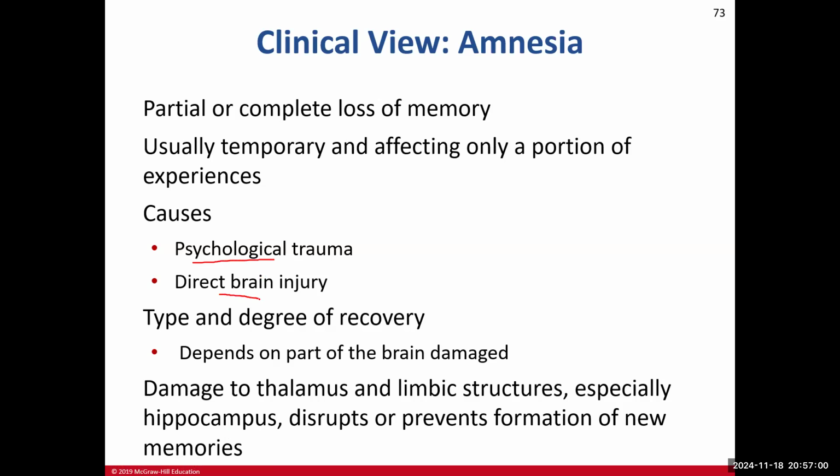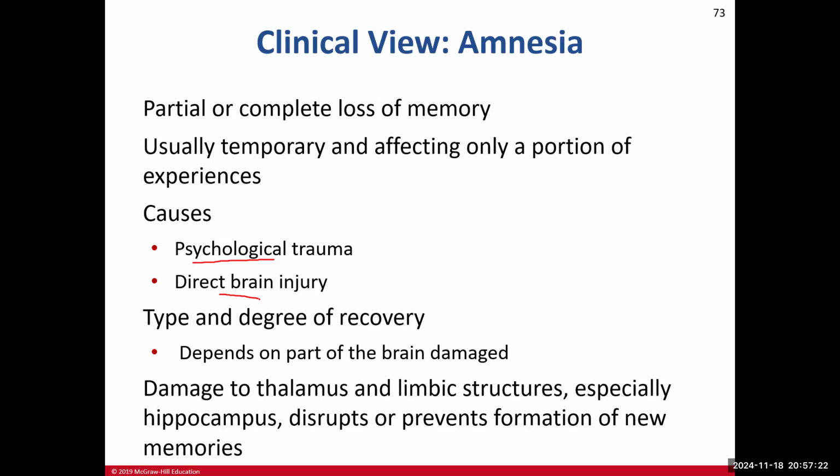Depending on the size of the psychological or physical trauma, that will determine the extent of the amnesia. You can have what we call retrograde amnesia or anterograde amnesia. Retrograde amnesia is what you see in a movie or TV show where someone bangs their head and forgets who they are.